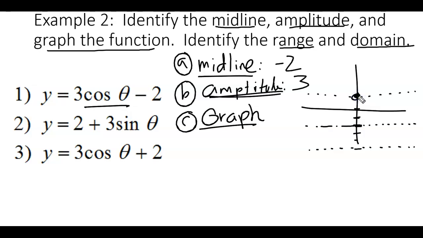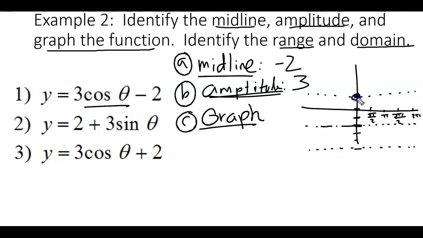It starts at 0 and then it goes down. We're going to be using the same angles that we used before, just so you guys know for now: pi over 2, pi, 3 pi over 2. We're just going to be going in those 90-degree intervals like we were before.